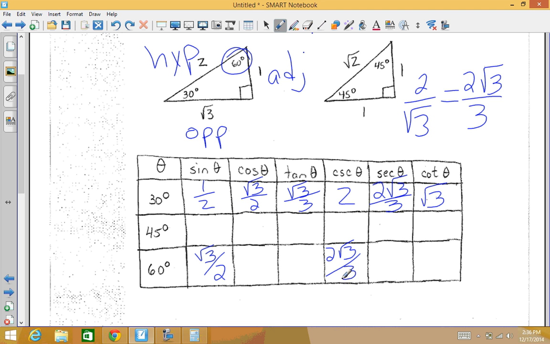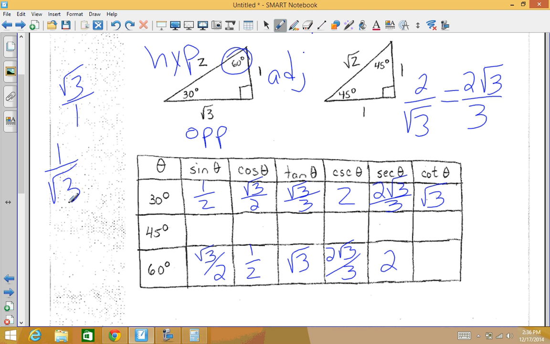Cosine is the adjacent over the hypotenuse, or 1/2. Flipping that becomes secant, 2. Tangent, opposite over adjacent, and this one's kind of nice: square root of 3 over 1, or the square root of 3. If we reciprocate that, we get cotangent, 1 over the square root of 3.